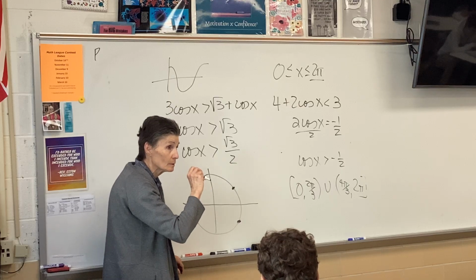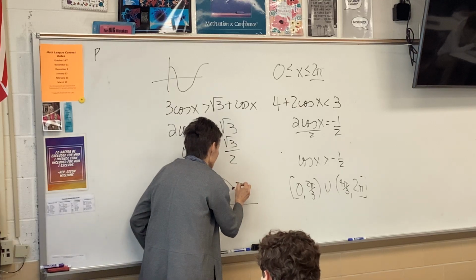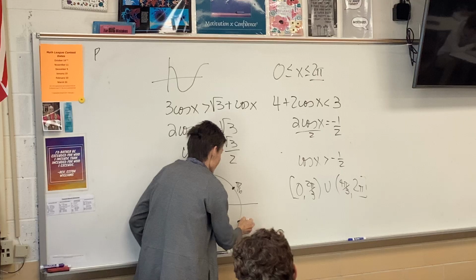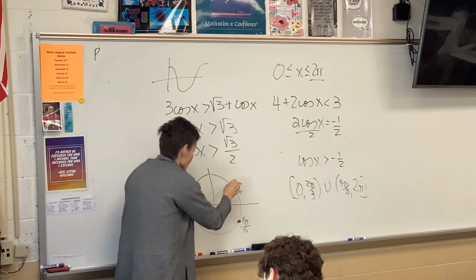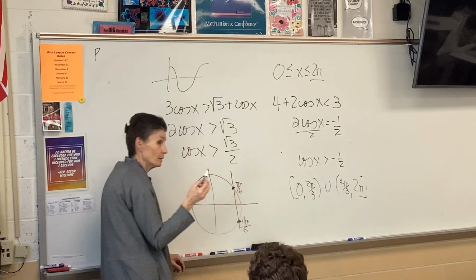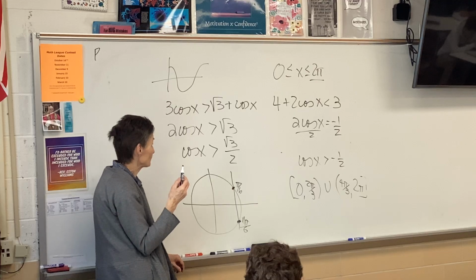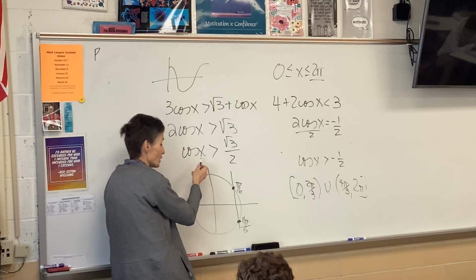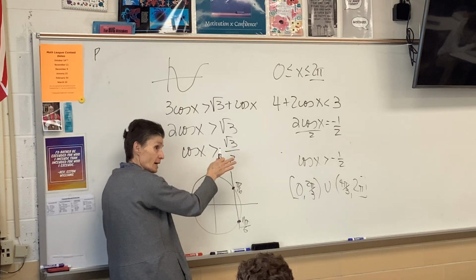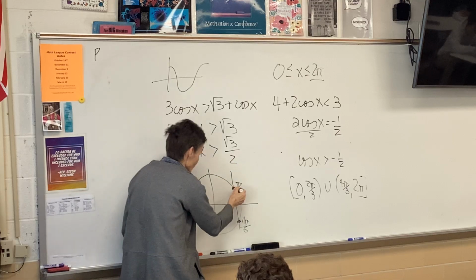Pi over 6 and 11 pi over 6. So those are my 2 answers. So there's my line. I'm going to use a line like Louis did. And this time I'm going to shade greater than the line. So that's going to be over here.